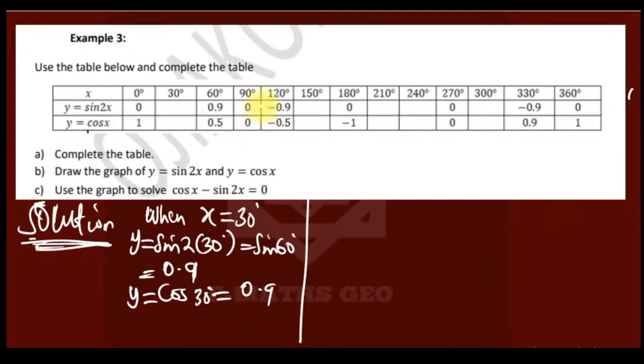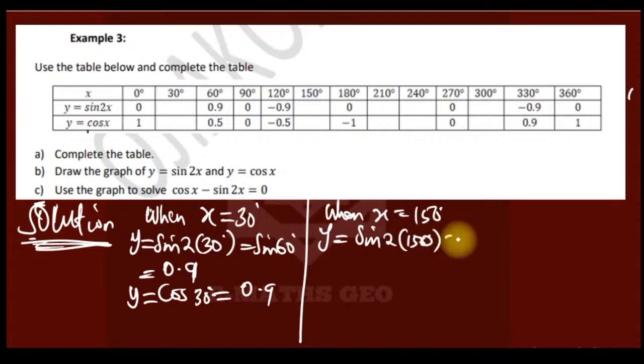So for the second one, we'll fill for 150. When x equal to 150, we have y equal to sine 2 times 150, which is sine 300. We know sine 300 is in the fourth quadrant, which is minus sine 60. So we have minus 0.9.